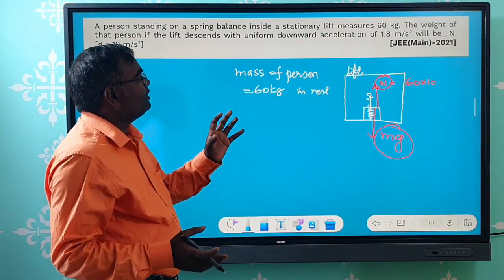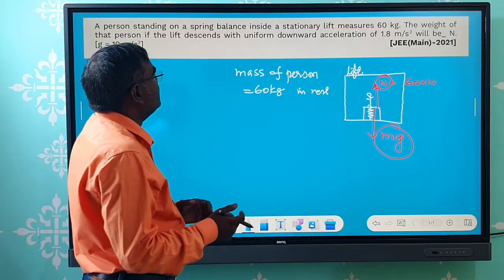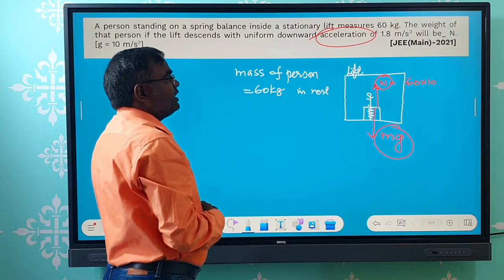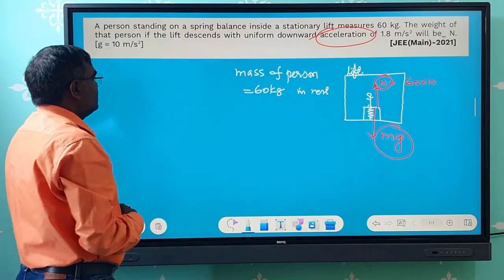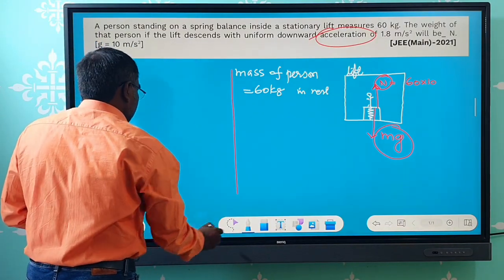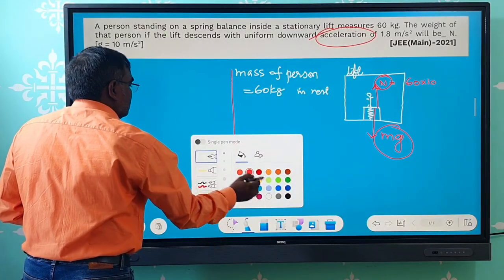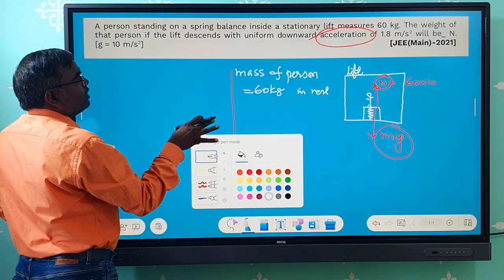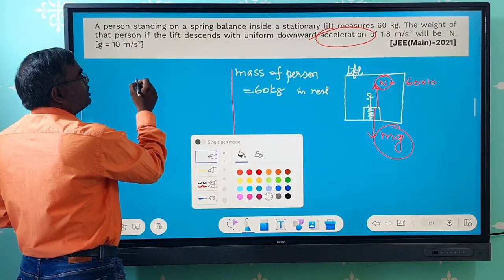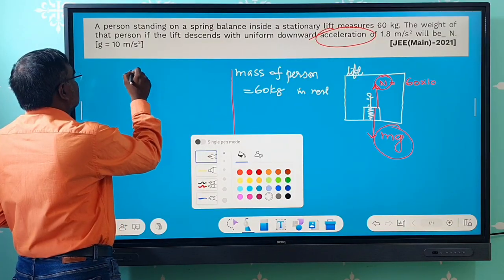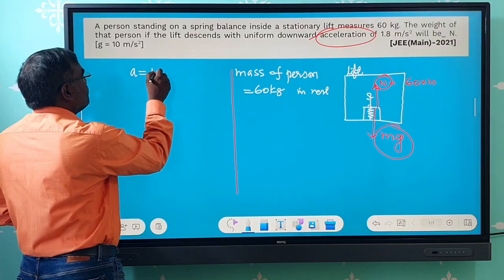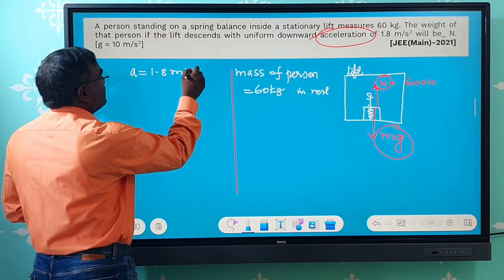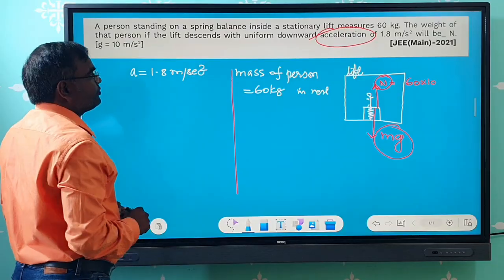Now the lift starts descending with downward acceleration 1.8 meter per second square. So the second case is that the lift starts moving in a downward direction with the downward acceleration a is equal to 1.8 meter per second square.